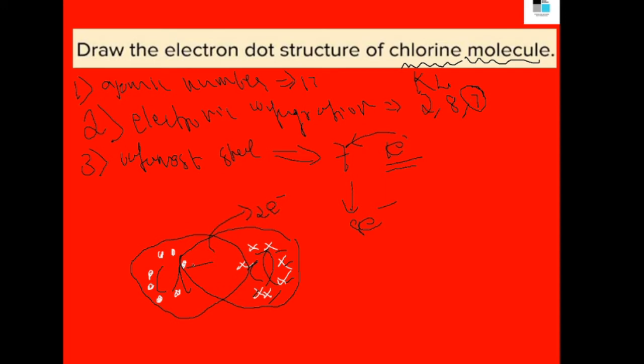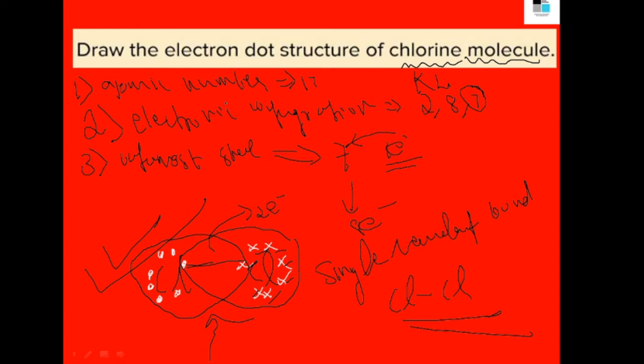So if 2 electrons are being shared, you can draw only one dash like this and say that it is a single covalent bond, to represent a single covalent bond. And this particular structure that you can see over here is nothing but the electron dot structure.